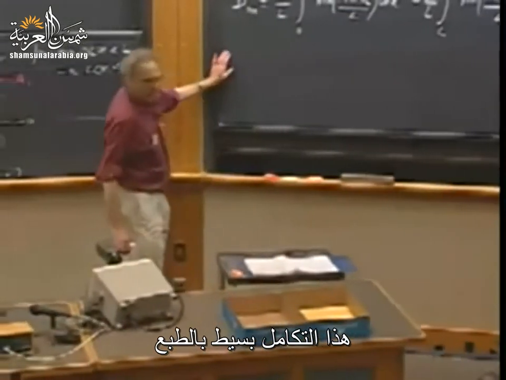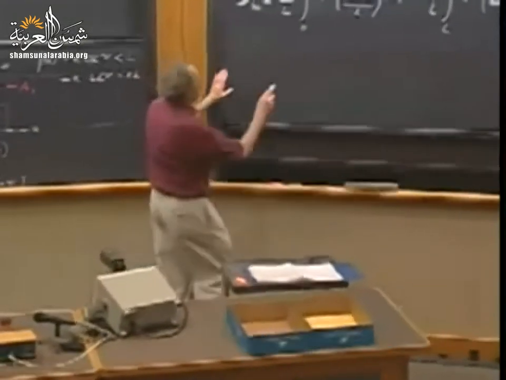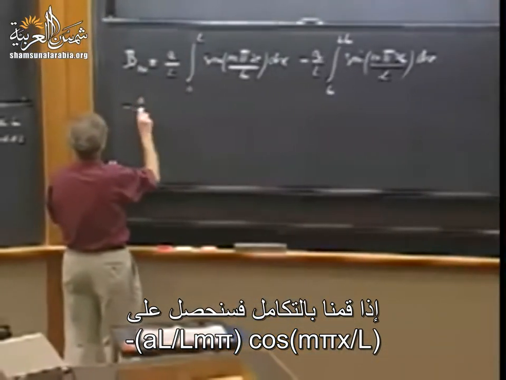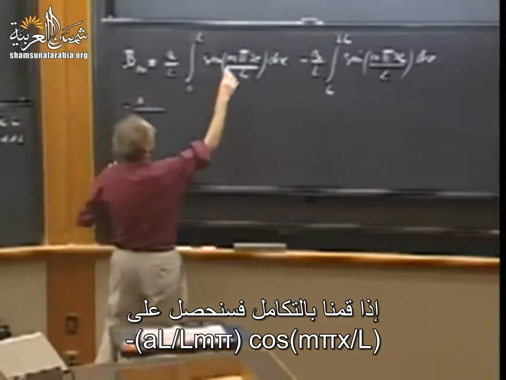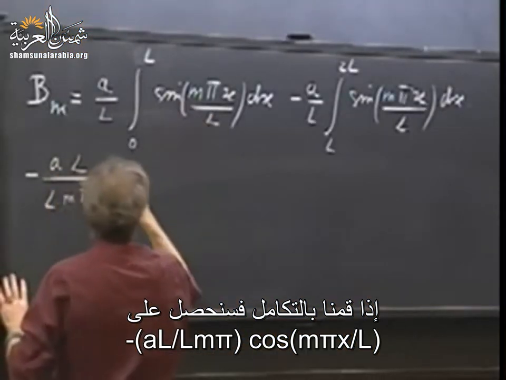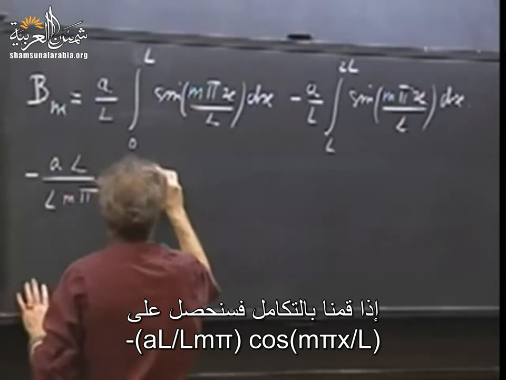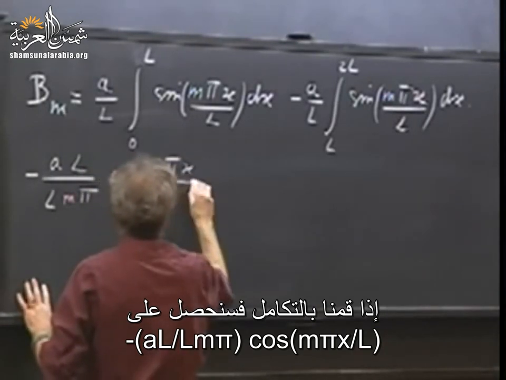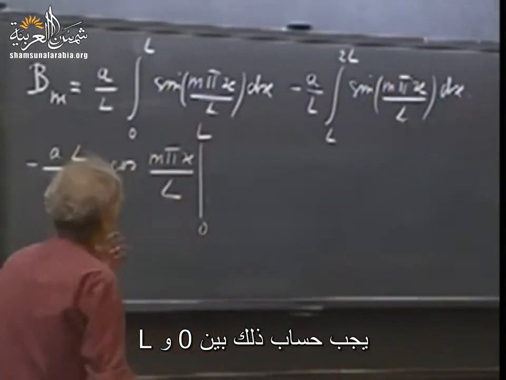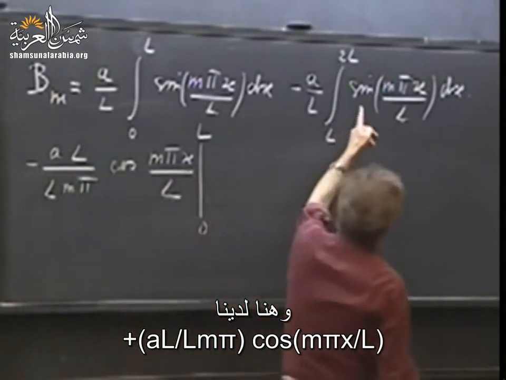This integral is trivial, of course. If I do an integral, I get minus the cosine. So I get an a divided by L out, and I get m pi downstairs, and I get L upstairs. And then I get the cosine of m pi x over L, and I have to evaluate that between 0 and L. And here I get a minus sign out.